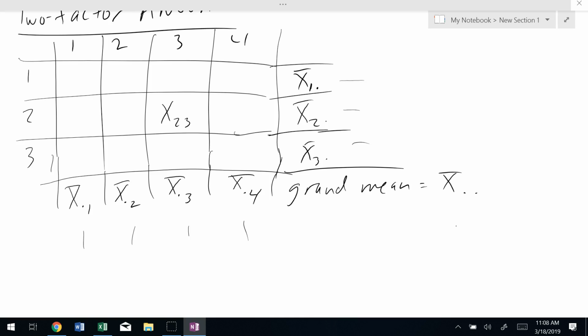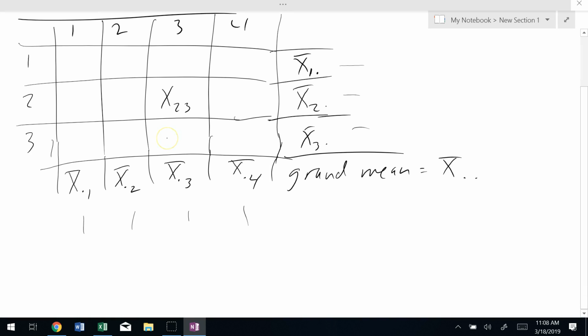What we mean by that is that in the ij cell, there is a mean, the mu sub ij. So this mu sub ij is the mean for the ij cell. If I were doing this 2, 3 entry again, the mu would be 2, 3. So we're referring to the mean on the 2, 3 spot.